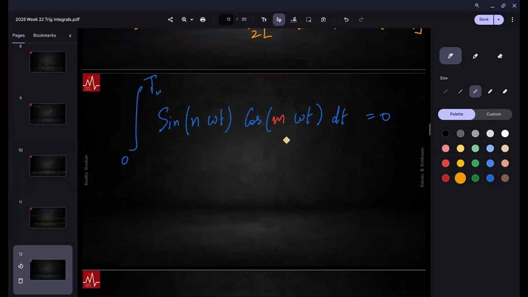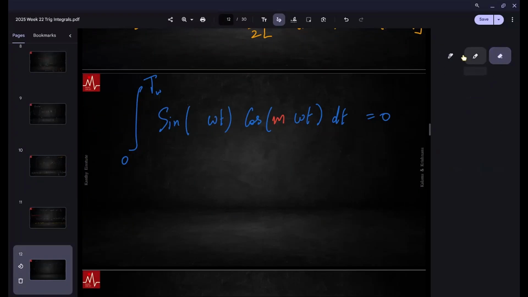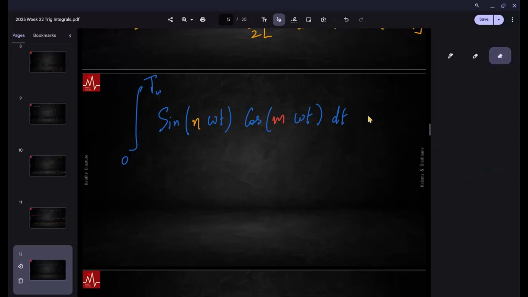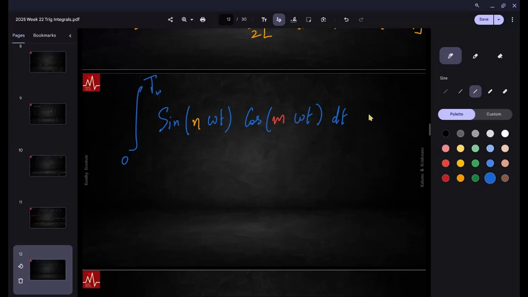What would be this? I'm asking what the right hand side is. Sorry. What is this? Let's put a question mark. Let's see who answers this.